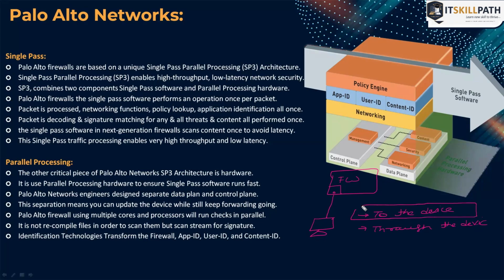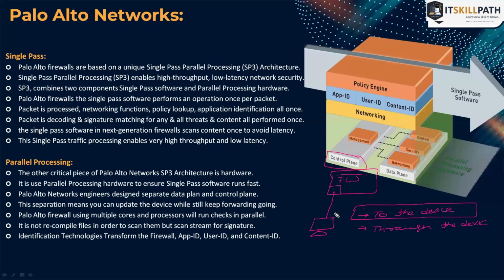It means if you are creating some policy, let's suppose I have taken access of the firewall through SSH, I am creating a policy, generating a report, checking the log. That is to the device, meaning I am not going outside of the network. I am only managing the firewall, creating policy and so on. That is called to the device, and it is managed by the management plane.